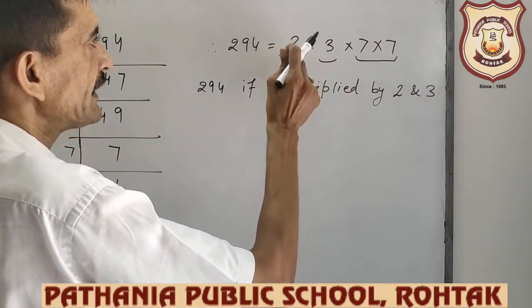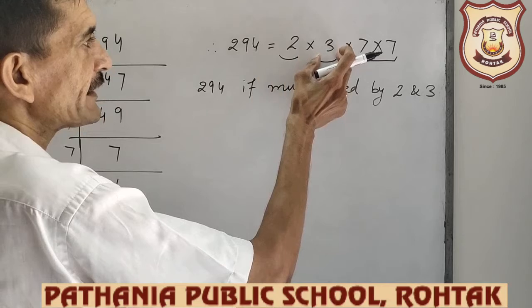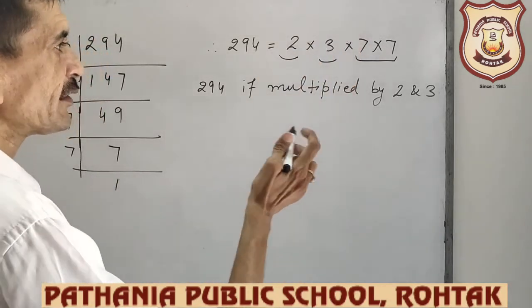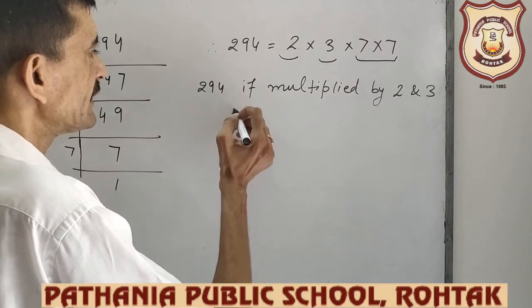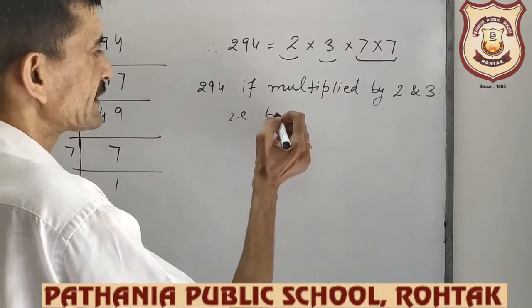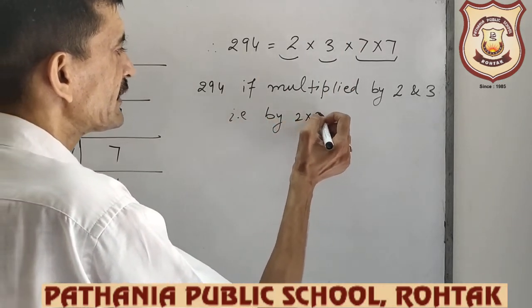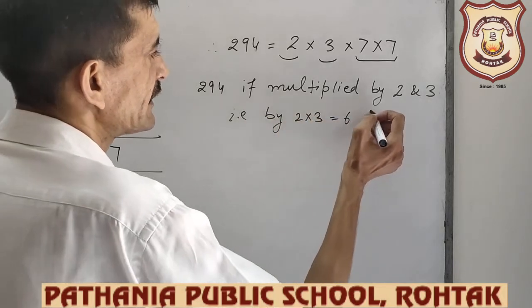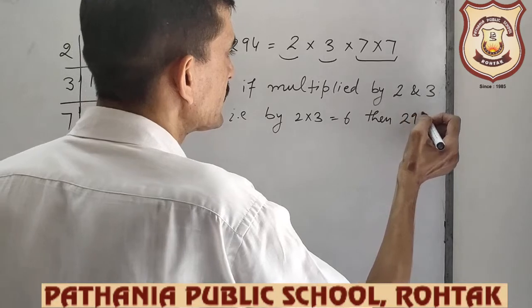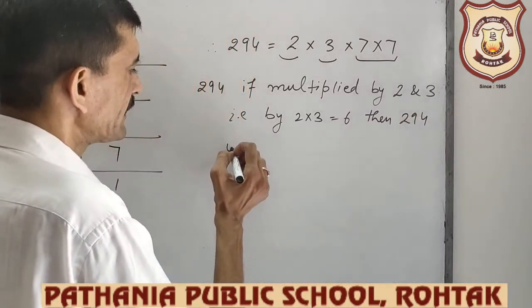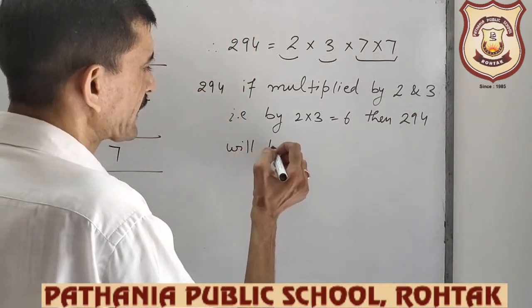If one 2 is there, then 2 will be in pair, and if one 3 is there, then 3 is also in pair. Multiplied by 2 and 3, that is by 6. 2 into 3 is what? 6. Then 294 will be a perfect square.